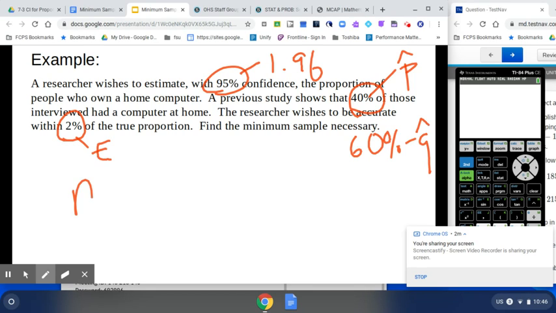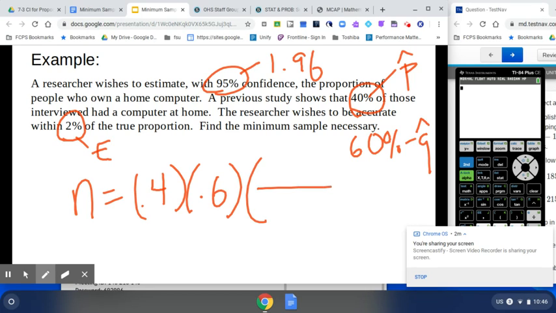Plugging those values into our formula, we have p hat is 0.4. We multiply that by q hat, 0.6. We multiply that by the z critical value over the error, 2%, which is 0.02 as a decimal, and then we square just that critical value divided by the error.